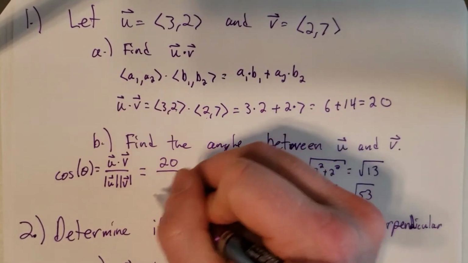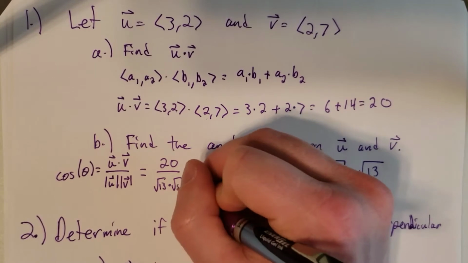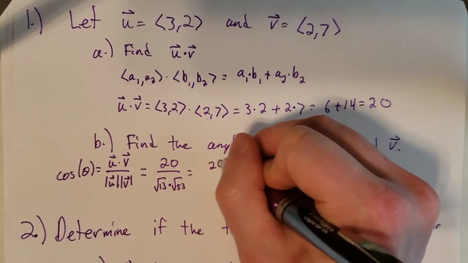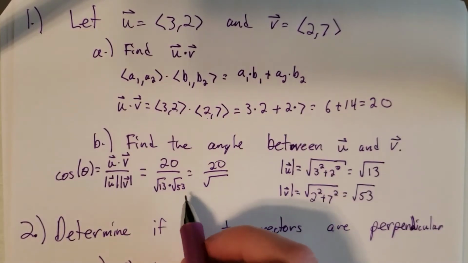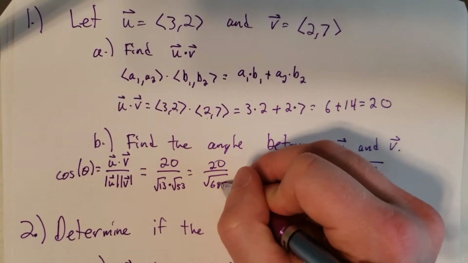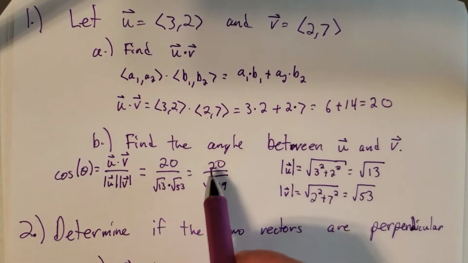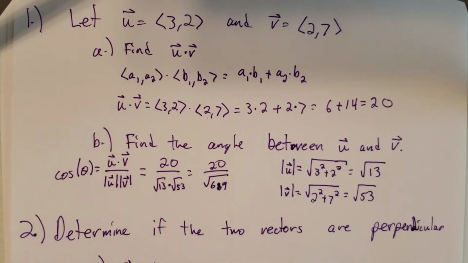The magnitude of u was the square root of 13. We multiply this by the square root of 53. This is 20 over the square root of 13 times 53, which is 689. So we get cosine of theta is 20 over the square root of 689.